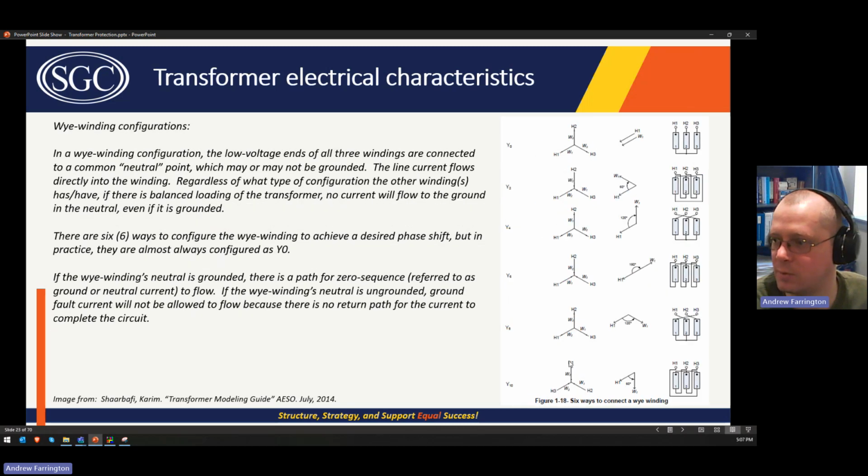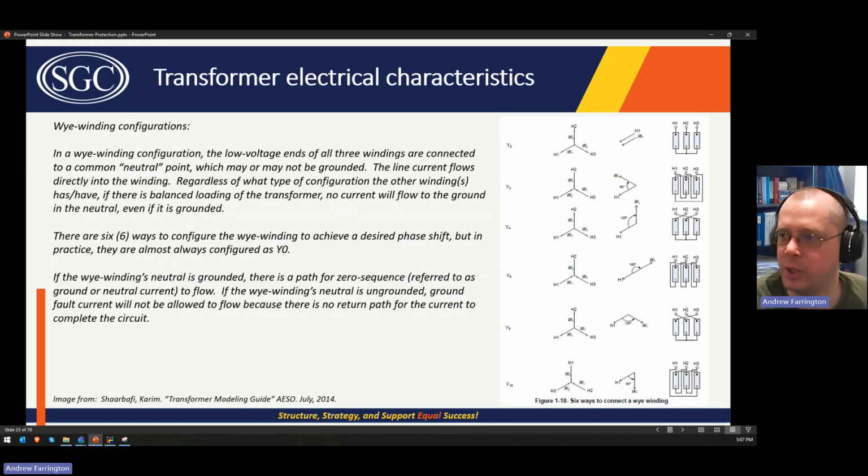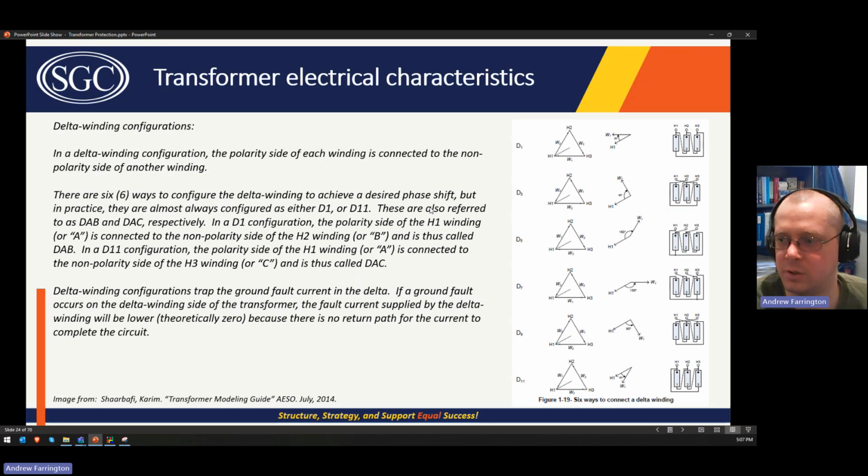So these are the Y connections and then the delta connections. The Y windings are almost always going to be Y0. This is the simplest and most intuitive Y winding you can conceive of, and that's what is typically used. And then generally the delta will be either 1 or 11, as we talked about.